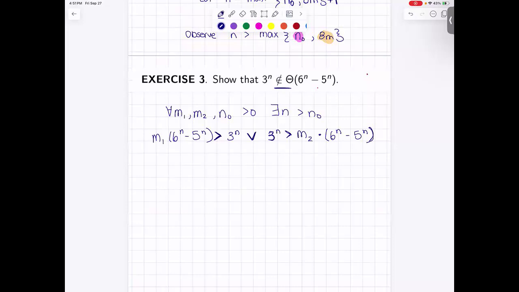So we look at these two here, and we're going to try and just logically decide which one of these two we think is plausible. Well, there's a 6 to the n up here, and there's a 5 to the n up here. How are we going to discern if this is greater than this, or if this is greater than this?